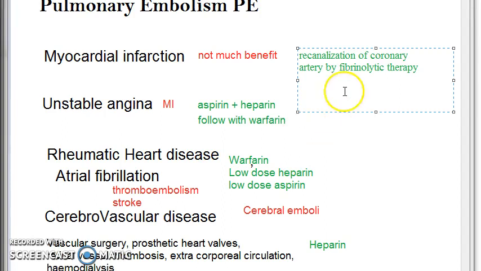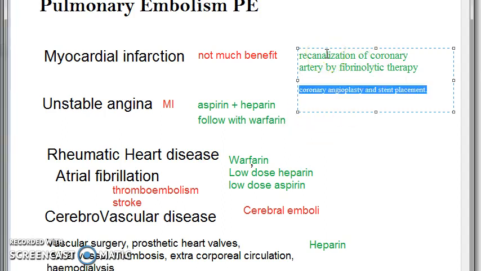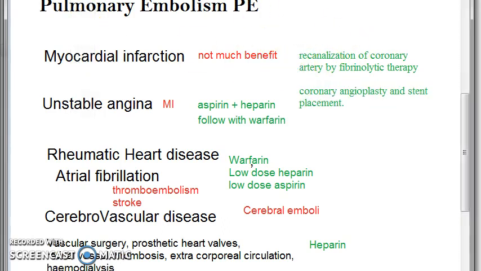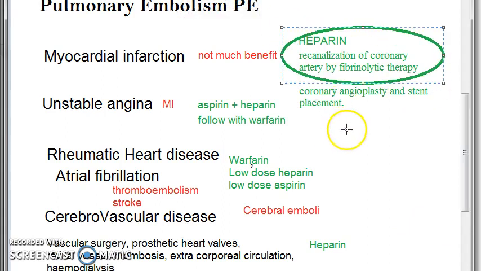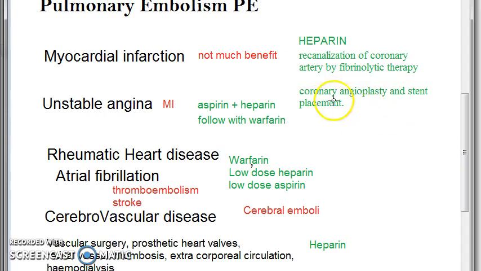Is this clear? Coronary angioplasty, stent placement, for all such things, heparin has been used.